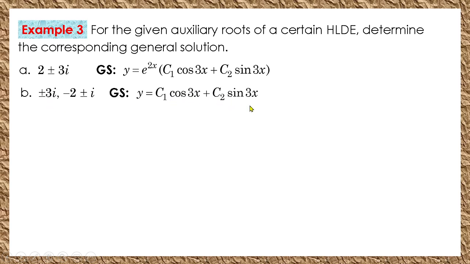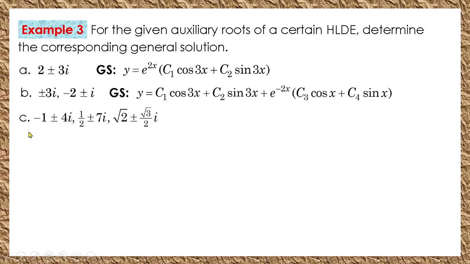Ganyan lagi ang pagpo-form ng solution. For the second set, dahil may real part na a, negative 2, so ano ang b? 1. Ang b natin 1. Ang a, negative 2. So, e to the negative 2x multiply C sub 3 cosine 1x plus C sub 4 sine 1x.